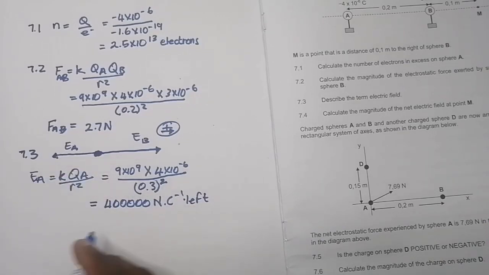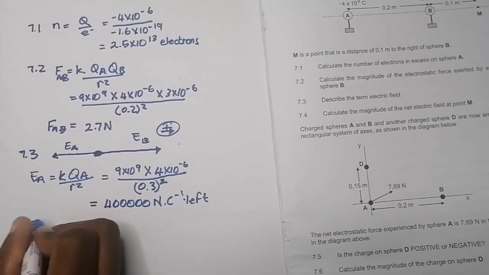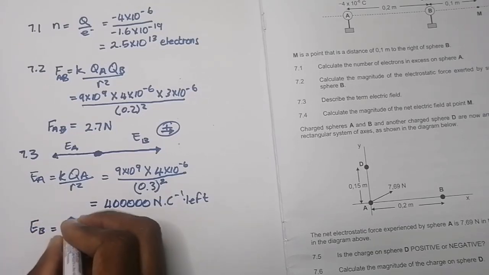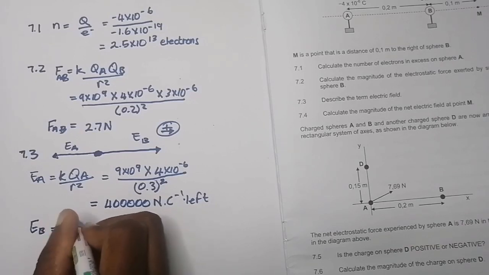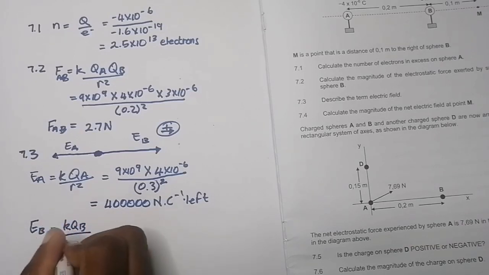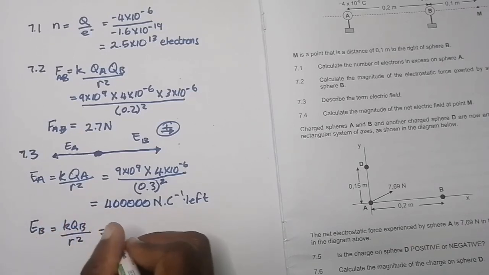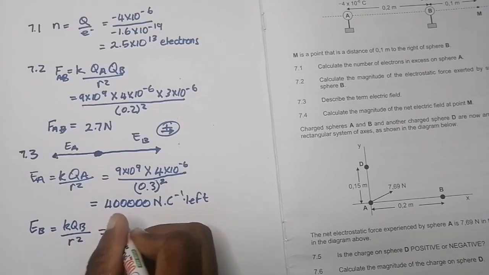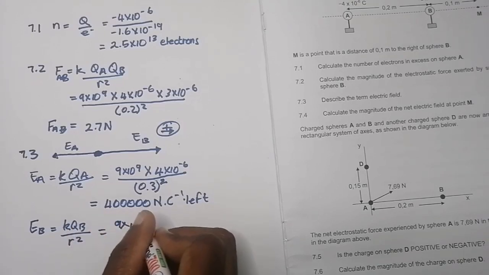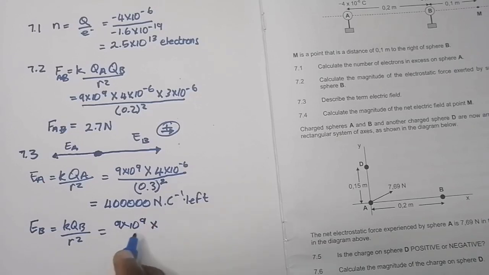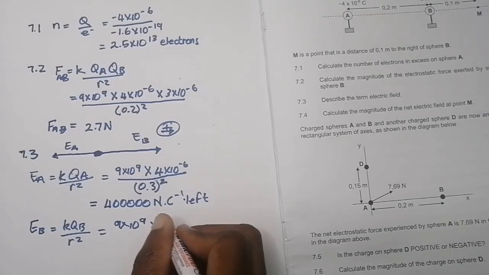All right, now, obviously now we're going to also find the field due to B. Okay, let's substitute that. So that's k Q_B over r squared as well. Okay, so they're saying 9 times 10 to the power of 9. Okay, and the charge of B is 3.